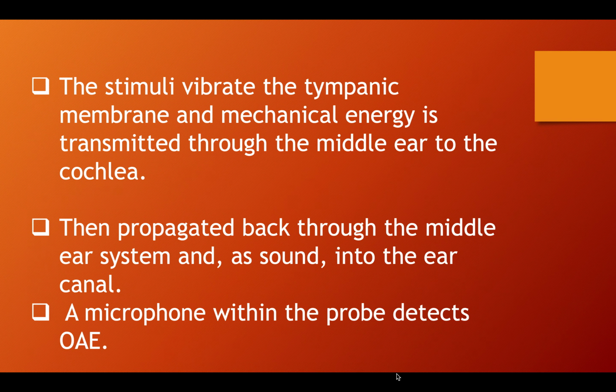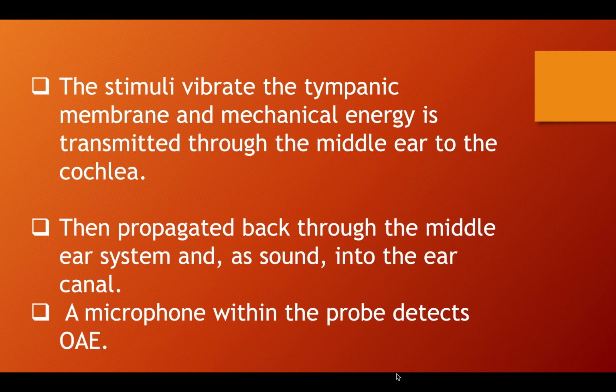The stimuli vibrate the tympanic membrane, and mechanical energy is transmitted through the middle ear to the cochlea, then propagated back through the middle ear system and as sound into the ear canal.